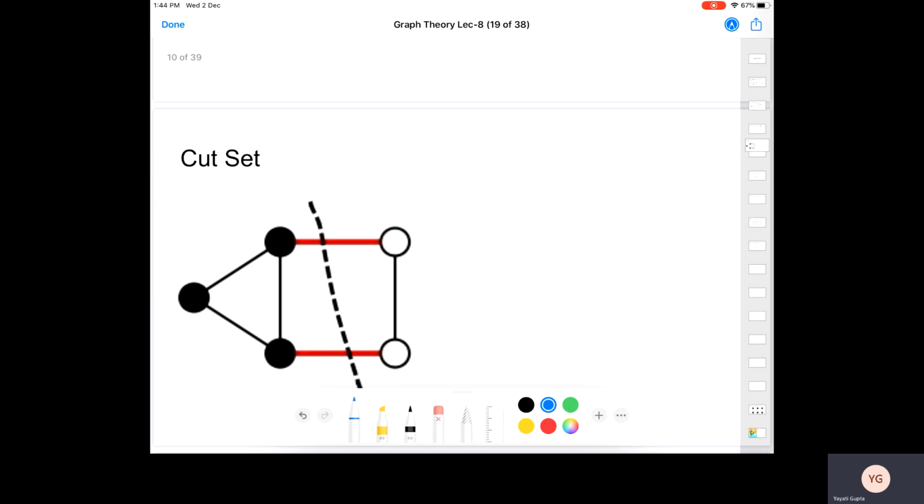So if you look at this figure here, let me label these vertices A, B, C, D, E. There is no edge in this graph which, if deleted, makes the graph disconnected. But if you remove both of these edges, BD and CE, the graph will become disconnected, something like this. So we say that the cut set of this graph is nothing but BD and CE.